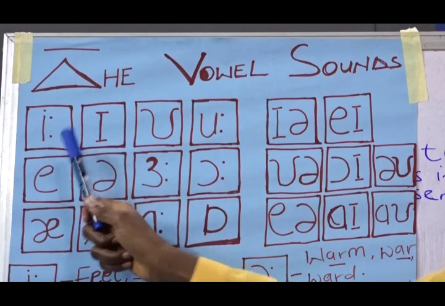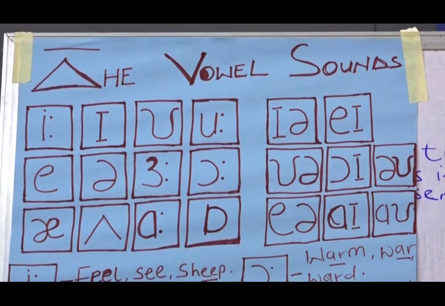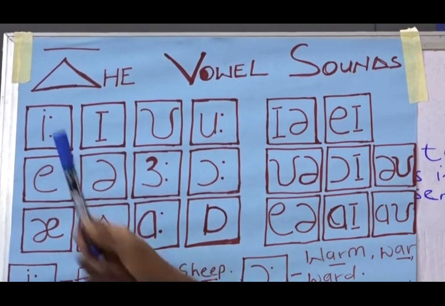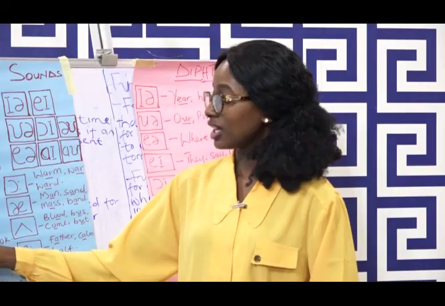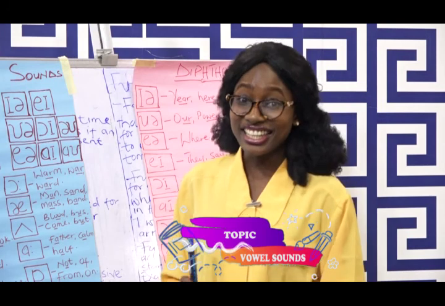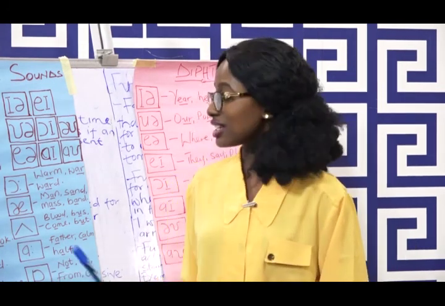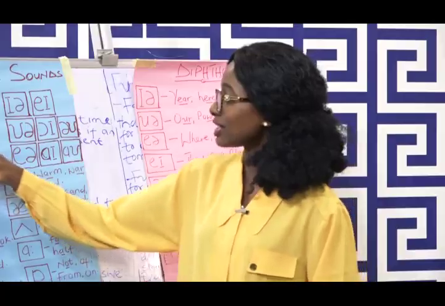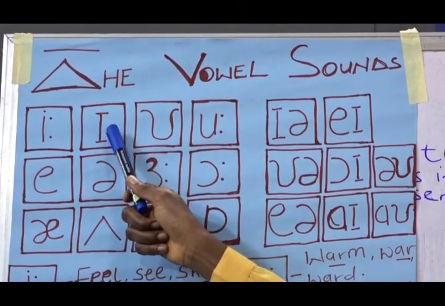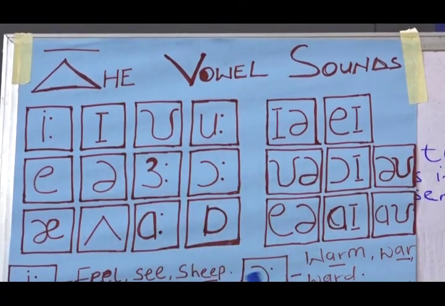So now let's move to the examples. E, as in feel. See. Sheep. Now this is the shorter version of this.